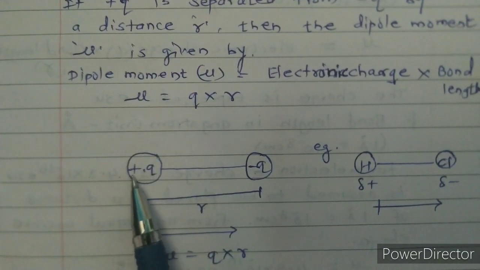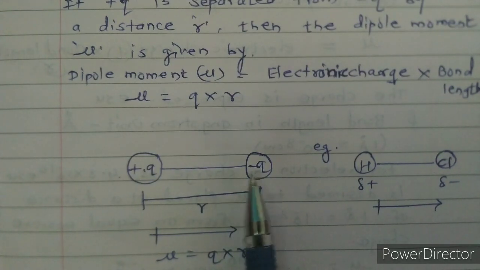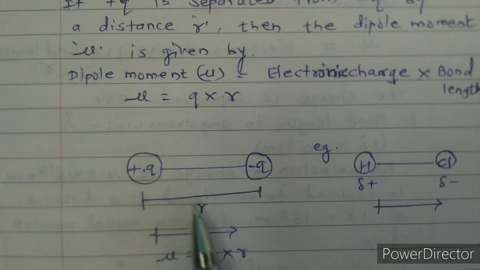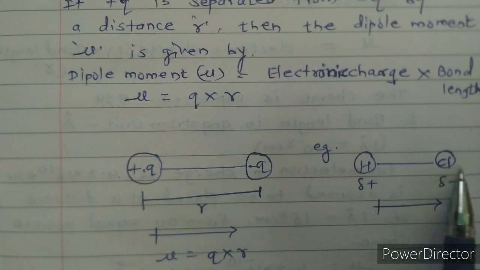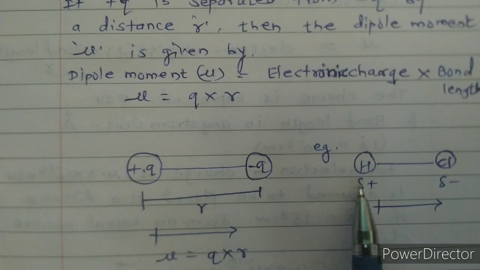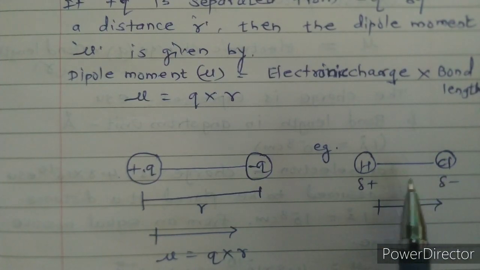In general, the positively charged atom and the negatively charged atom are separated by the distance r, so we take the product for dipole moment, q into r, and this arrow indicates the direction of the dipole moment. For example, in the HCl molecule, hydrogen carries partial positive charge and chlorine carries partial negative charge, so plus q and minus q, separated by distance r.